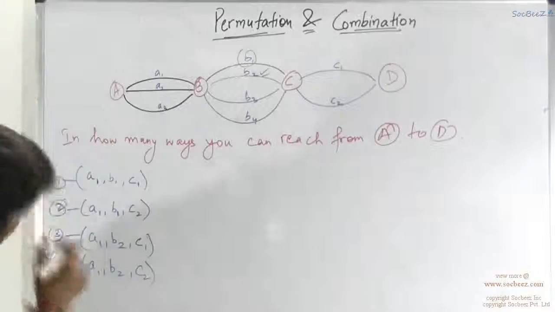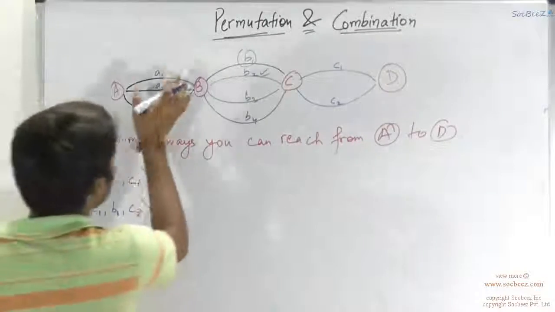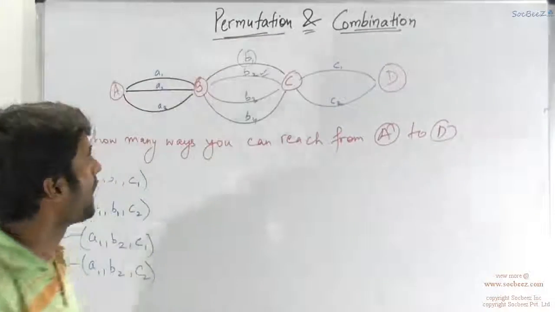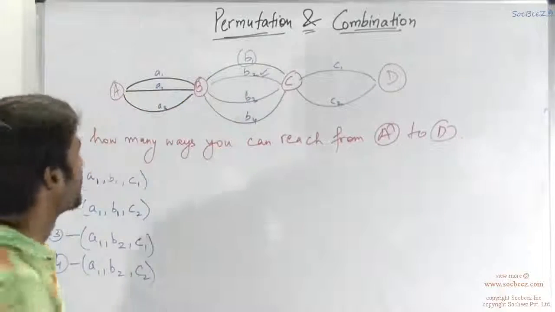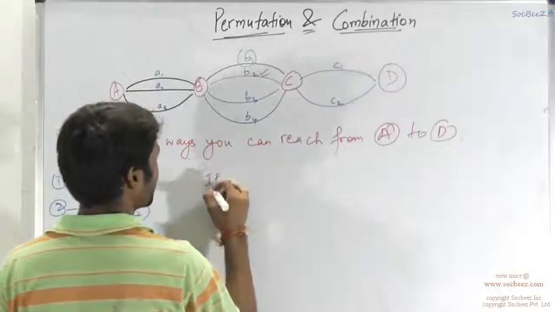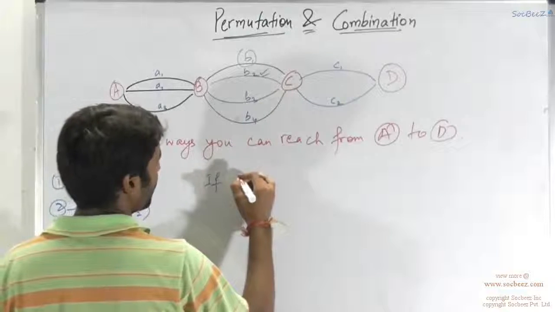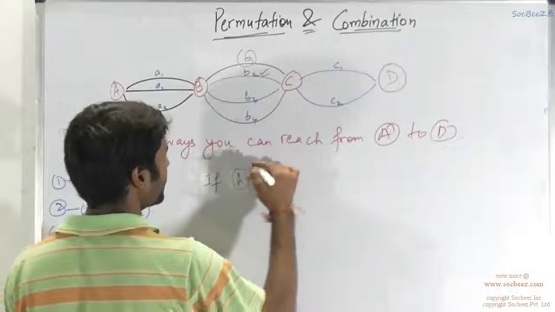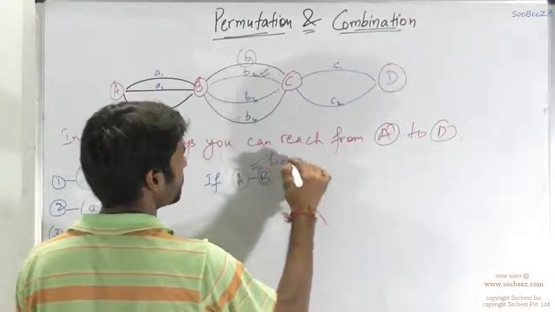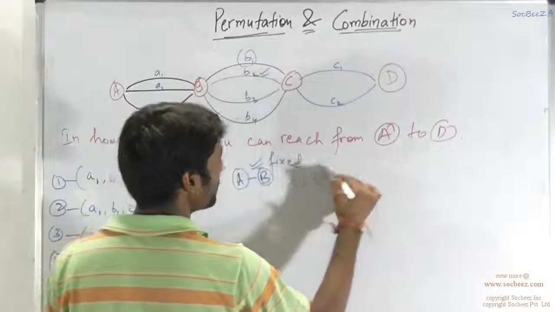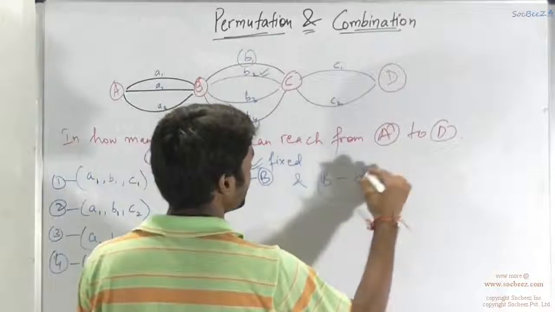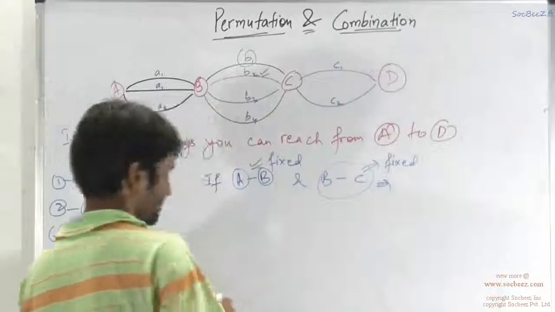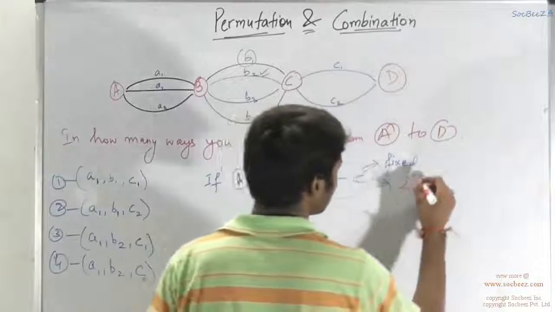So as you can see, for all these cases, if A to B is fixed and B to C is also fixed, you have 2 possibilities.